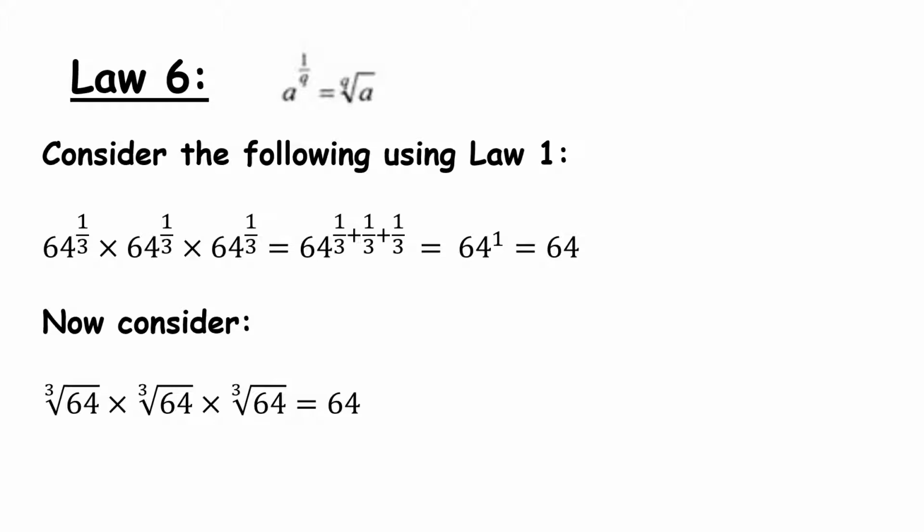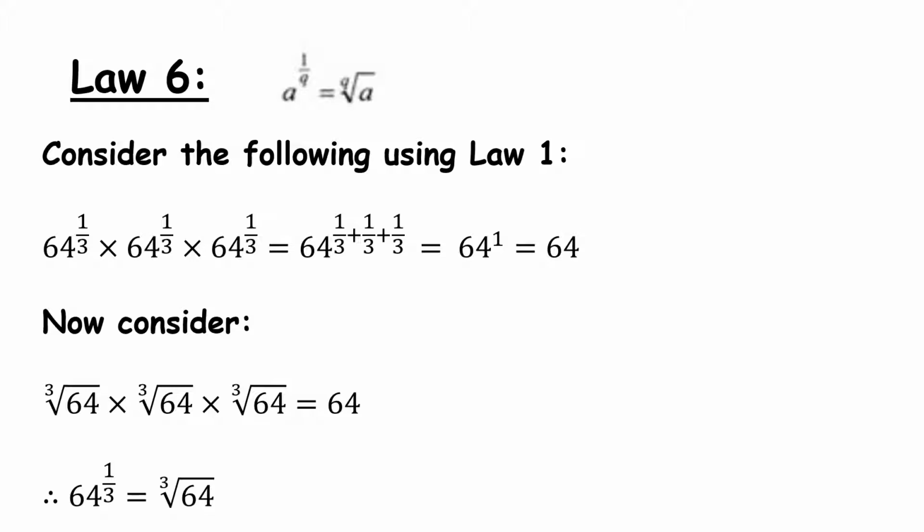So notice how similar these two pieces are. 64 to the power of a third multiplied by itself and then multiplied by itself again gave us the exact same answer as the cubed root of 64 multiplied by itself and multiplied by itself again. So what we can conclude from this is that 64 to the power of a third is the same as the cubed root of 64.